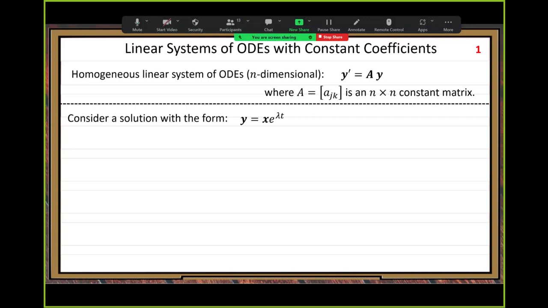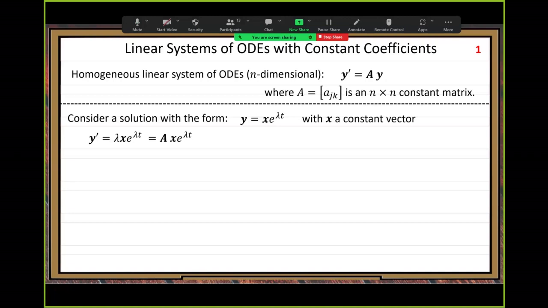So you can see the structure difference. With x a constant vector, the x vector does not contain any t variable. Then y prime equals lambda times x times that exponential function.